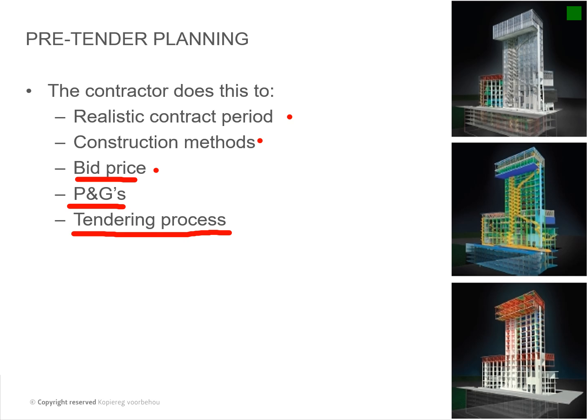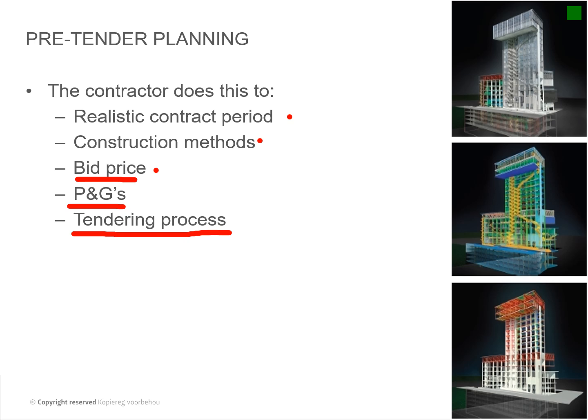Or, no, I can't use the crane only once, I need a mobile crane twice: at the start of the project, and then in the middle or later on. Those are the things that influence your bid price.